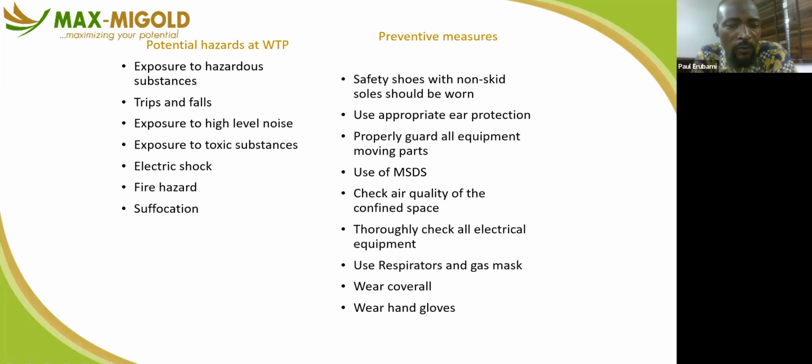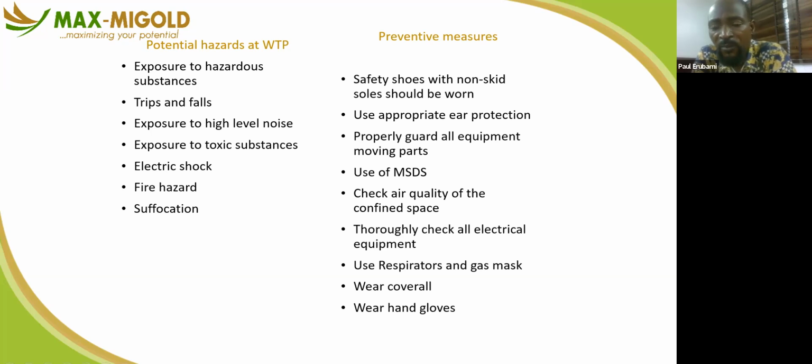Exposure to high levels of noise, exposure to toxic substances like your chlorine, soda ash, and alum, electric shock if there is exposed wire, then fire hazard, suffocation, most especially from chlorine. If you know you have an issue with your health, most of the time it's advisable you don't get near chlorine.